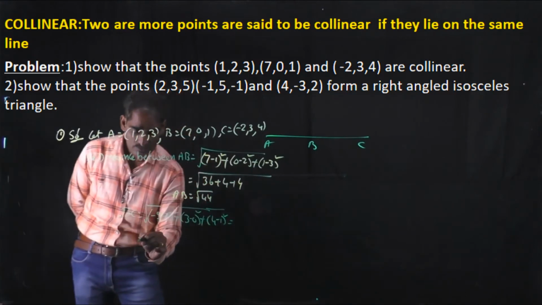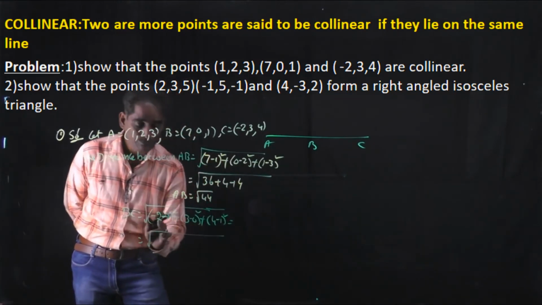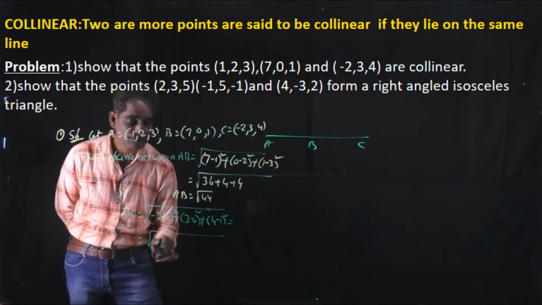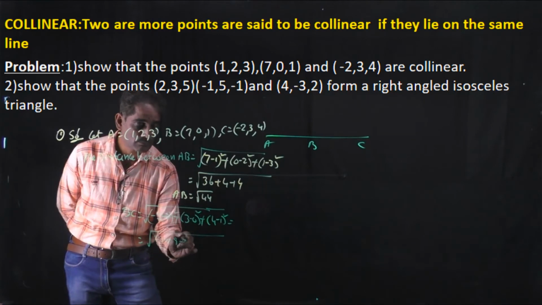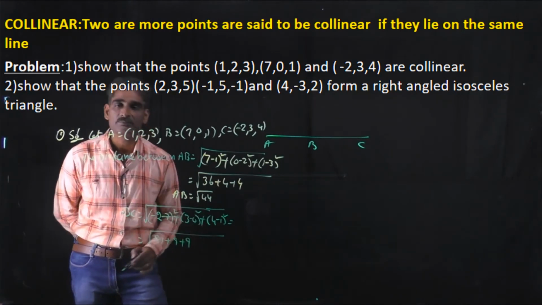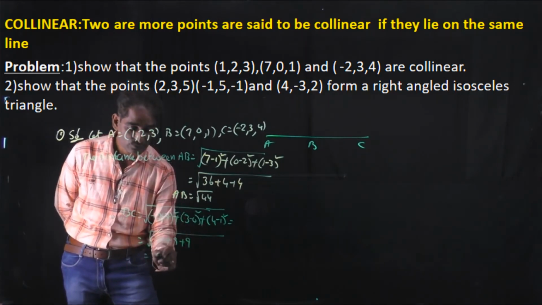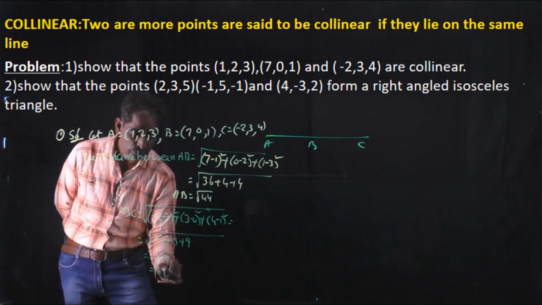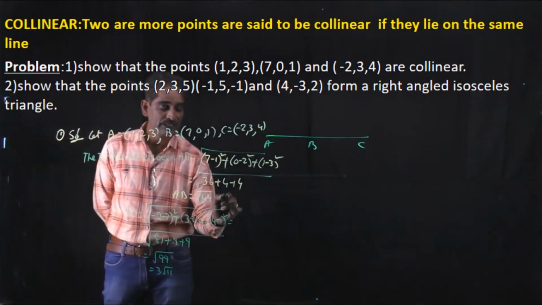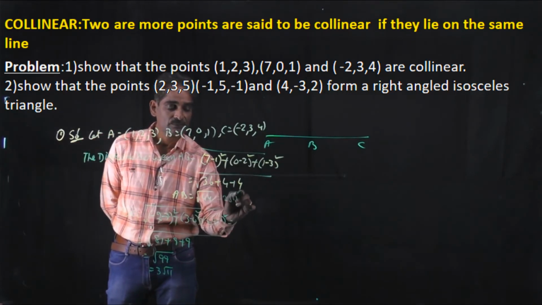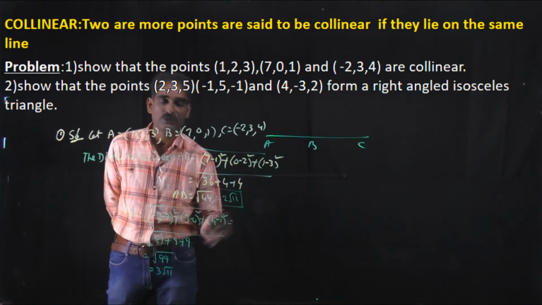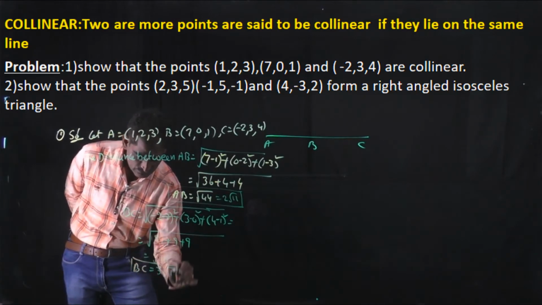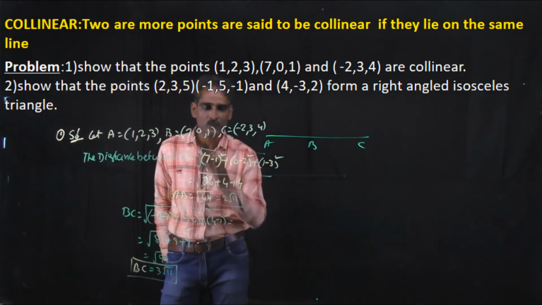Here, square root of (-9) whole square 81, 3 square 9, (4 minus 1) whole square 9, so 99. So root 99, which we can write as 3 root 11. And root 44 we can write as 2 root 11. The length of AB is equal to 2 root 11. The length of BC is equal to 3 root 11. So find the remaining length. What about the remaining one?